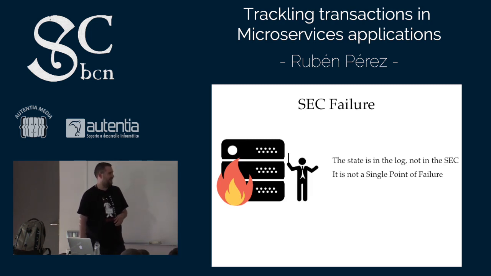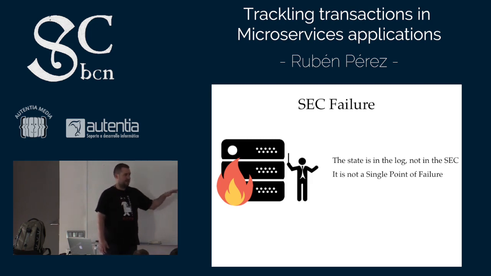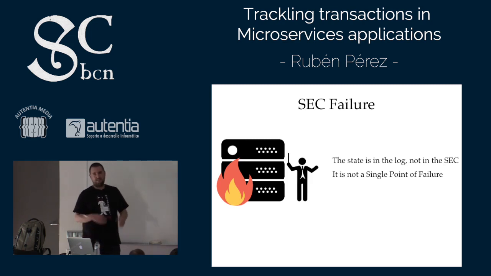Given that the state is in the log and it's not in that machine, you are perfectly fine because you are not losing anything and you are not losing consistency. So in this case, the coordinator is not a single point of failure, and you can have as many of them as you want. That's an implementation detail that you have to decide.